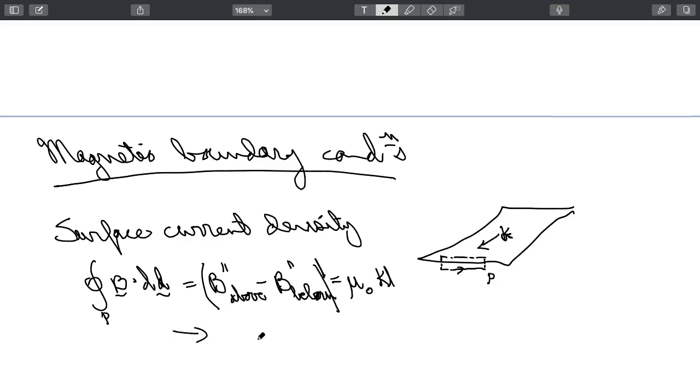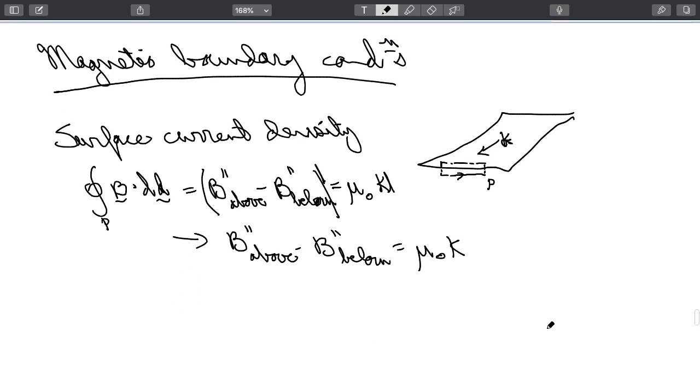So essentially what it tells me is that B parallel above minus B parallel below is just equal to mu 0 times the surface current that I have in there.